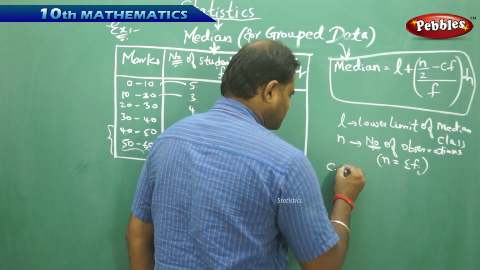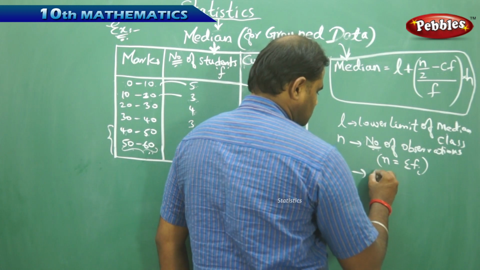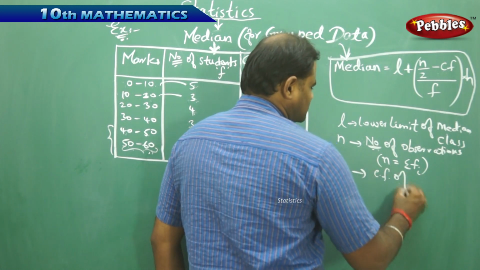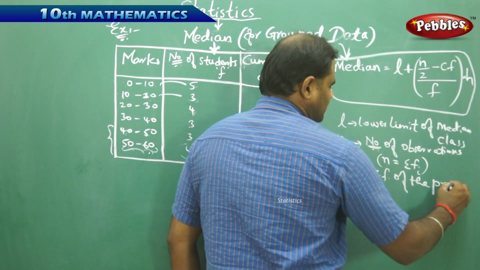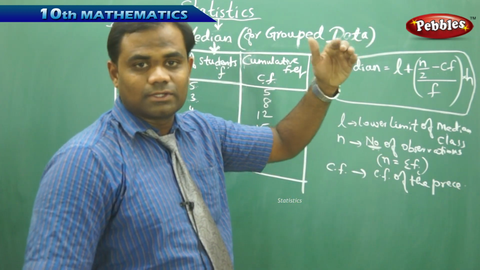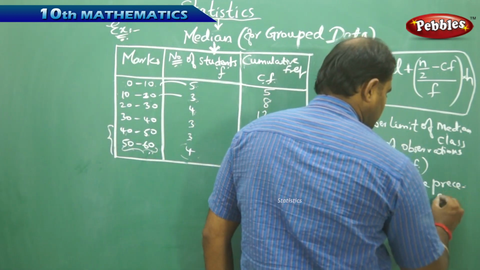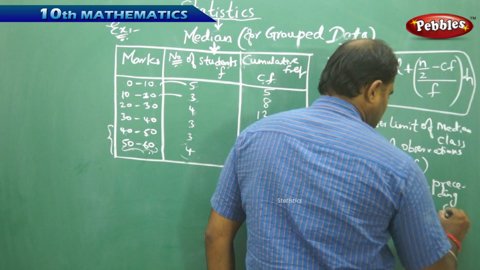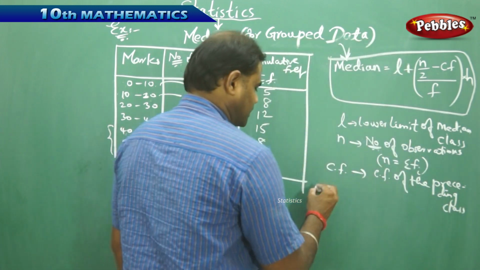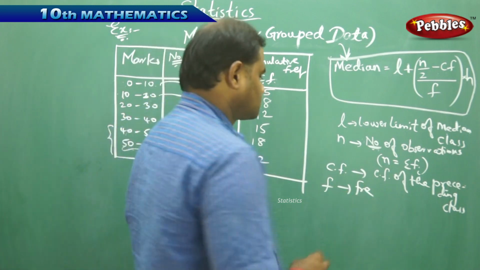CF is the cumulative frequency of the preceding class, that is the class before the median class, the cumulative frequency of the value above the median class, and F is the frequency of the median class.